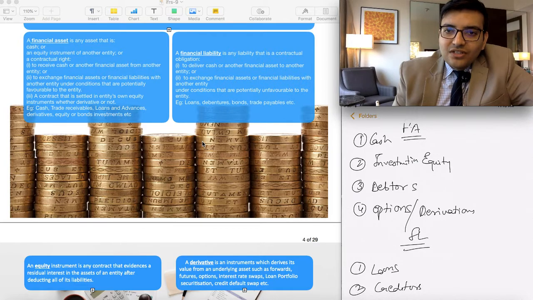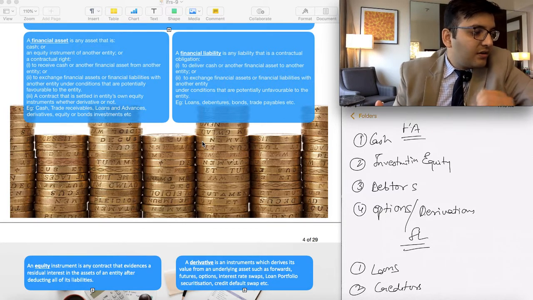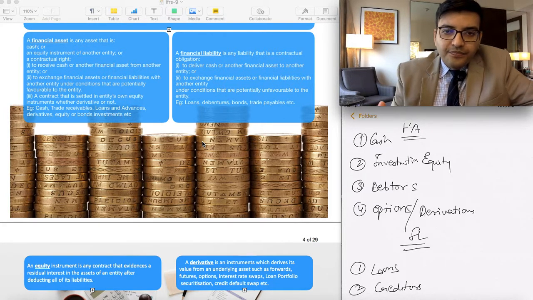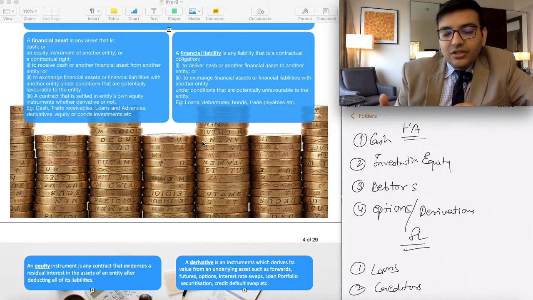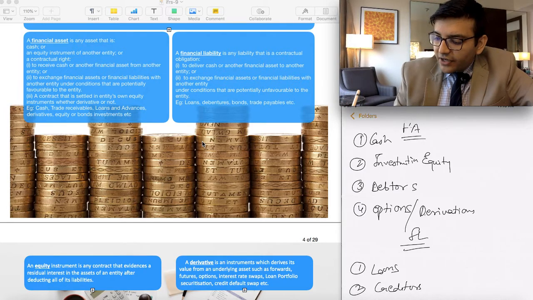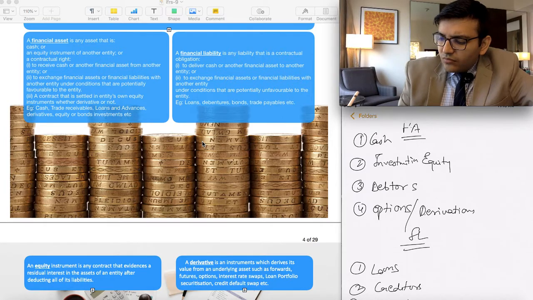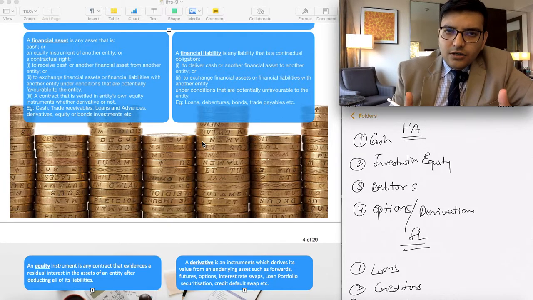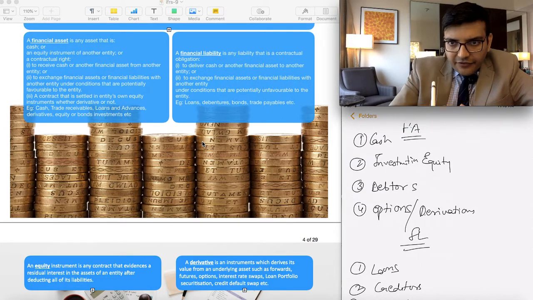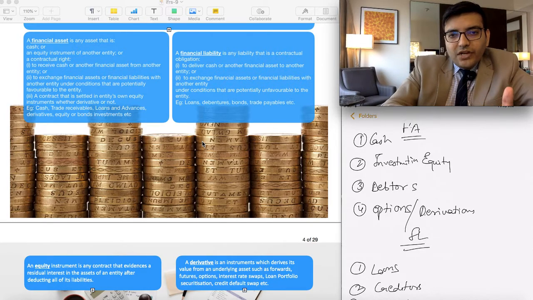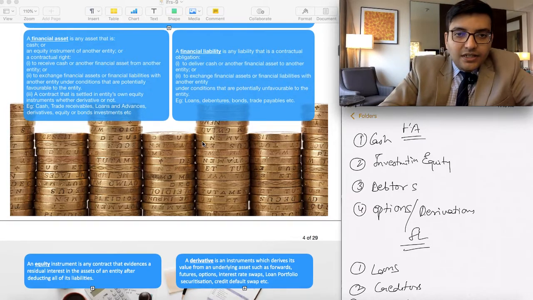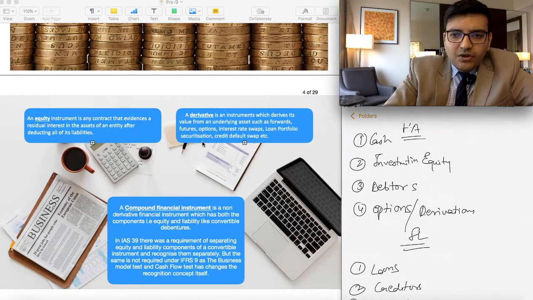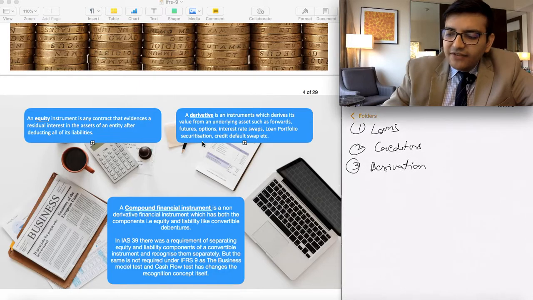To exchange financial assets or financial liabilities with another entity under conditions that are potentially favorable, this goes for derivatives, right? So let's not go into depth of these definitions right now. When we do practical illustrations, you'll understand this very easily. So it is very simple, right?